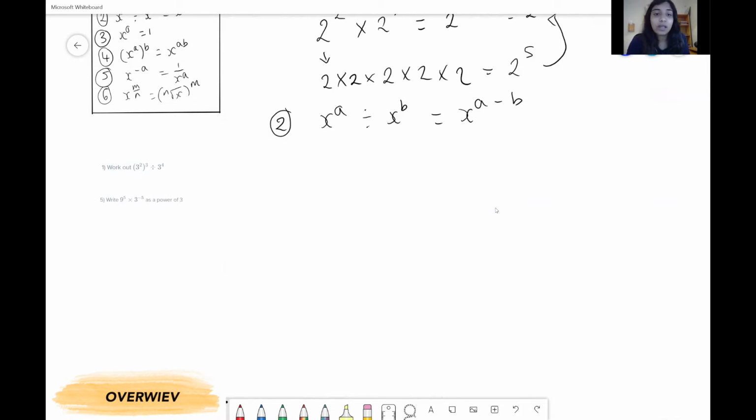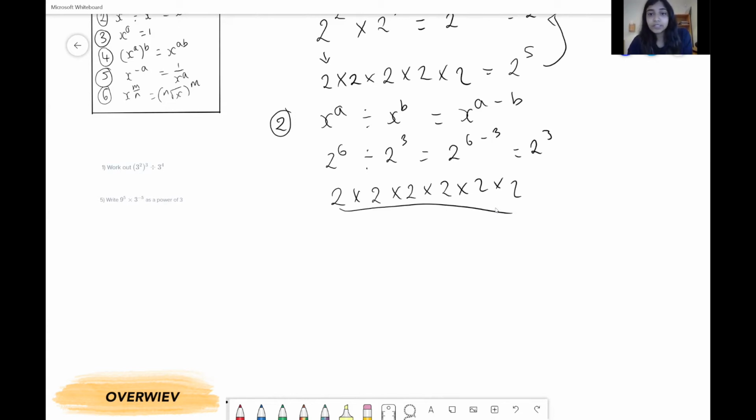For example, let's say you have 2 to the power of 6 divided by 2 to the power of 3. That's equal to 2 to the power of 6 minus 3, which is just 2 to the power of 3. To see where this comes from, you can write each one out individually. 2 to the power of 6 is 2 times 2 six times, divided by 2 times 2 times 2.